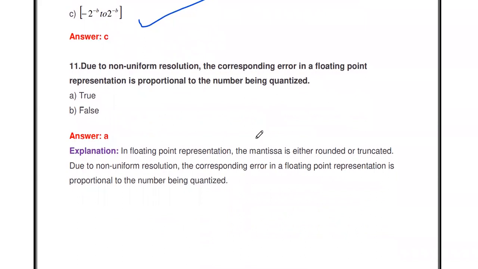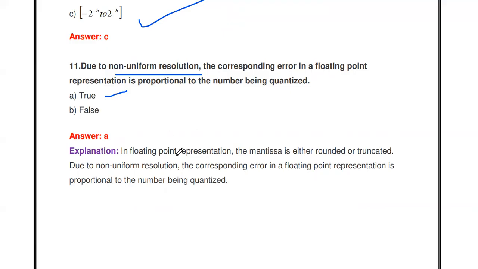Then the next one, due to non-linear resolution, the corresponding error in floating point representation is proportional to the number being quantized. So the statement is true or false. It's true. Okay, in non-uniform resolution, the corresponding error in floating point representation is proportional to the number being quantized.